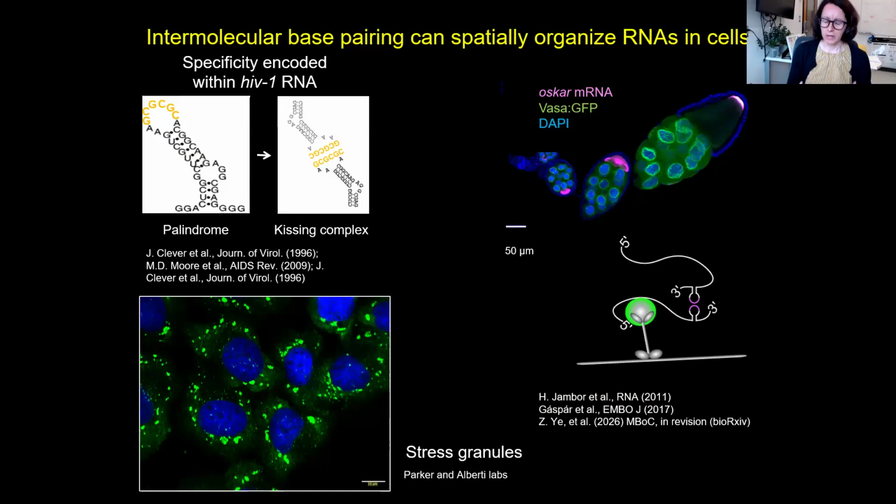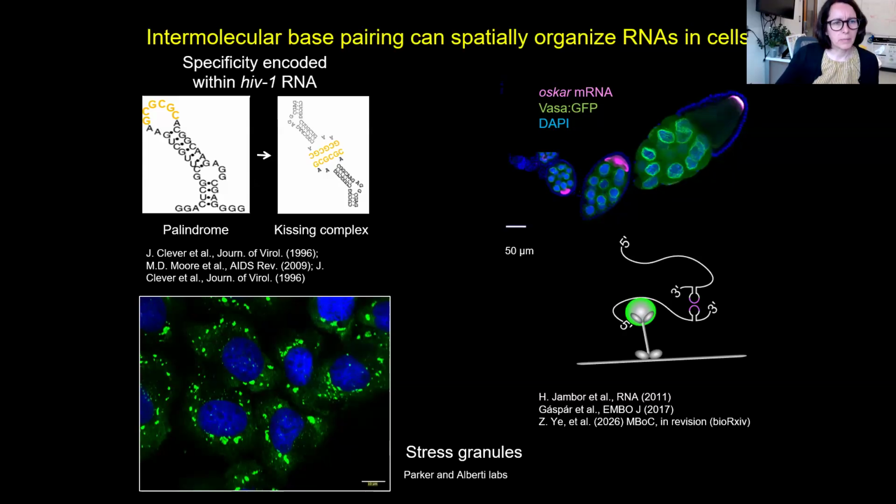is that these types of interactions are quite common in RNA viruses, such as retroviruses. For example, HIV uses intermolecular base pairing to form an RNA dimer, and this RNA dimer is basically its genome that the virus then packages into a virion when it's budding from an infected cell.